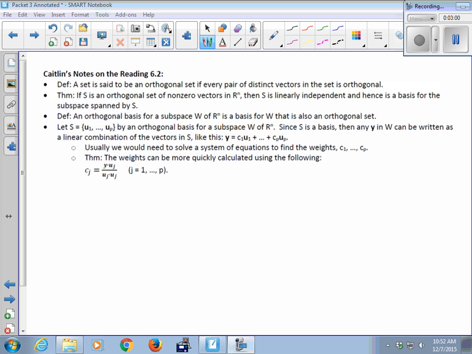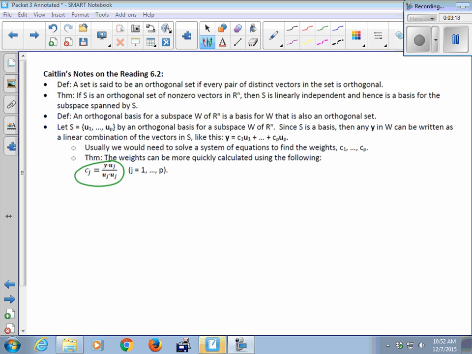But we have another way of finding weights now, when you have an orthogonal basis. This only works if the basis is orthogonal. You can find each weight C sub j by doing y dot u sub j over u sub j dot u sub j. So you do that for each weight.